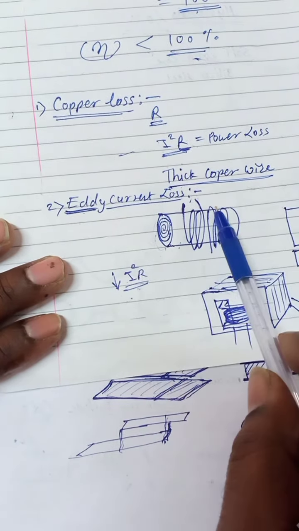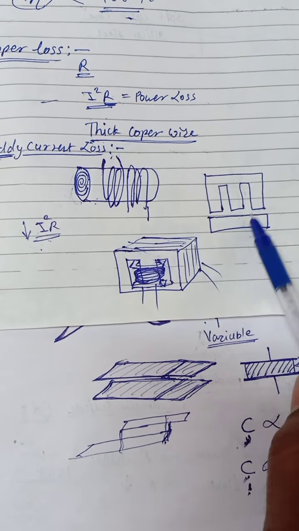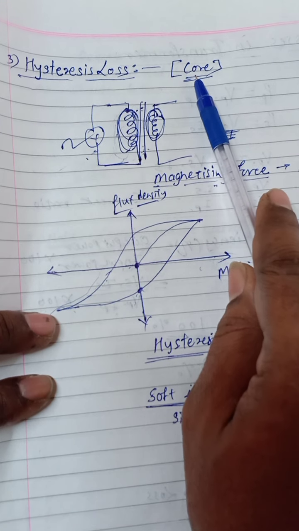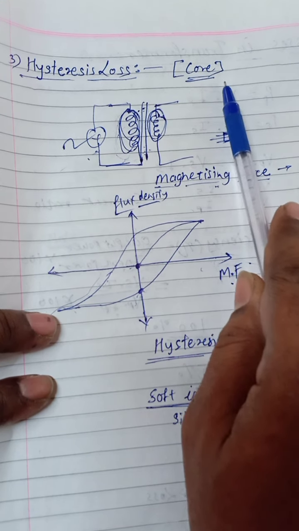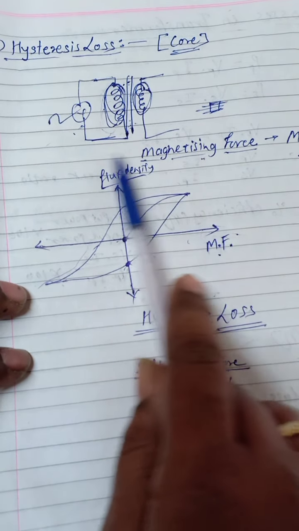Another is eddy current loss, a circulating current, which can be reduced by using laminated sheets. The third loss is the hysteresis loss, which is also core loss. Hysteresis loss is core loss, and eddy current loss is also core loss. And there is the copper loss, which is because of the wire.